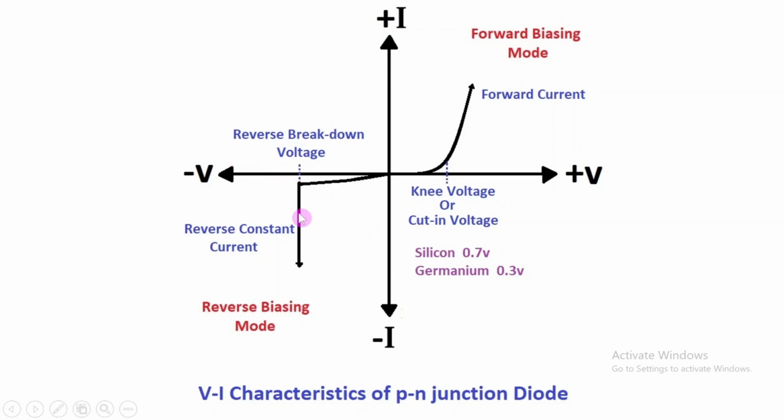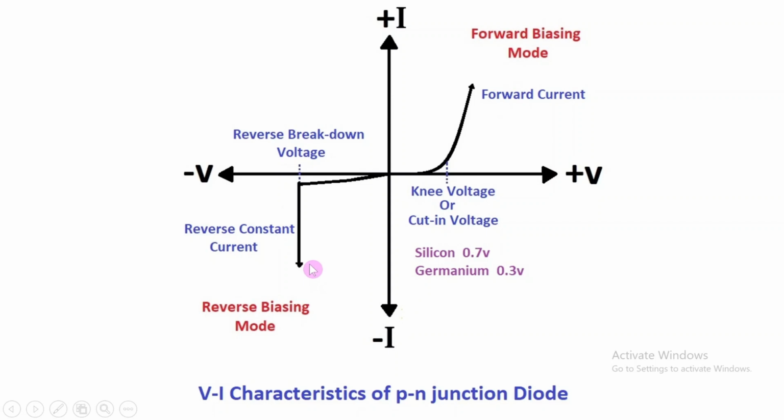If we increase the provided voltage further, the avalanche effect will occur. The kinetic energy of the knocked electrons will be increased in the reverse direction, and they will collide with the neighbor atoms and knock out electrons, and hence the current will be increased.